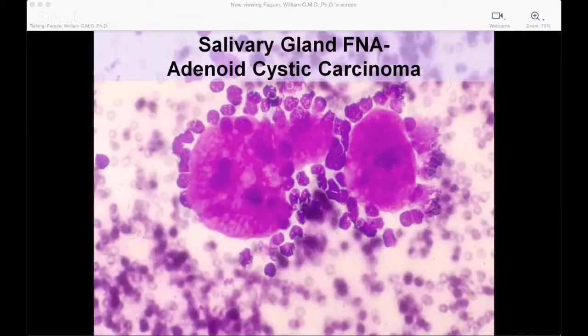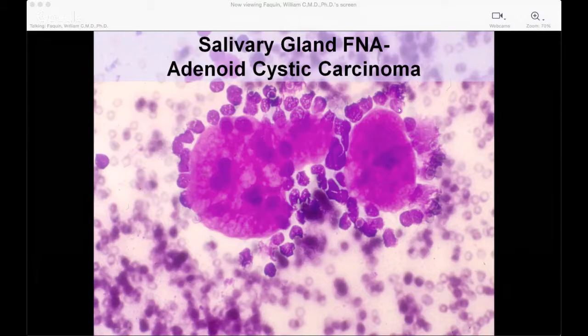Here's another example. This is salivary gland FNA of an adenoid cystic carcinoma. When the adenoid cystic carcinoma looks like this, it would be a cribriform type of adenoid cystic carcinoma. It has that very characteristic cookie cutter-like sharp edges of matrix material that's bright pink. We call it metachromatic on this air-dried Diff-Quik stain preparation.